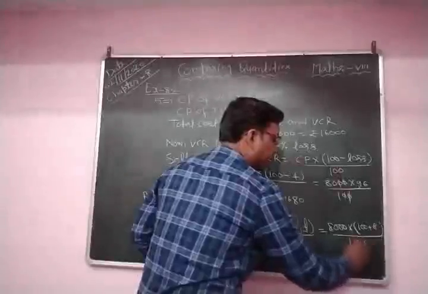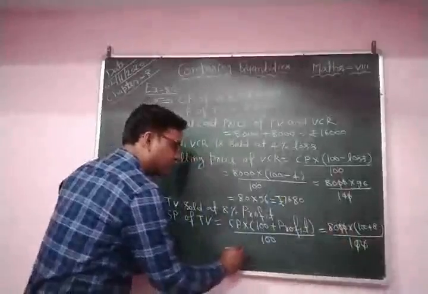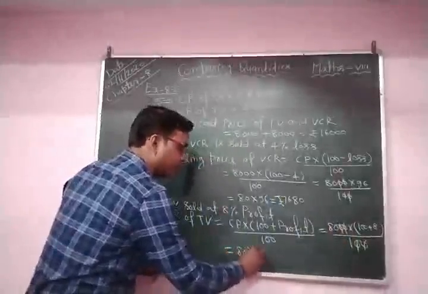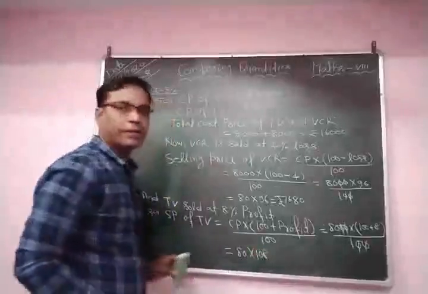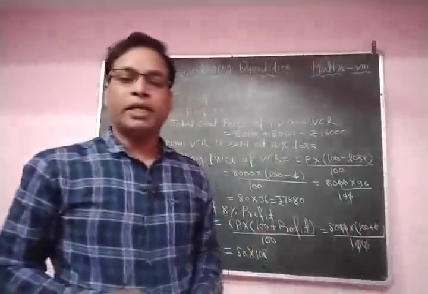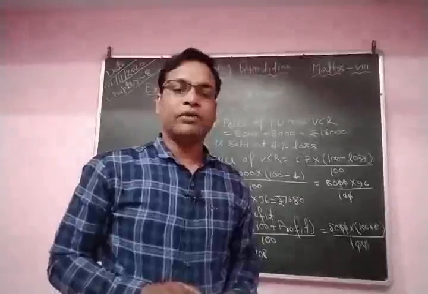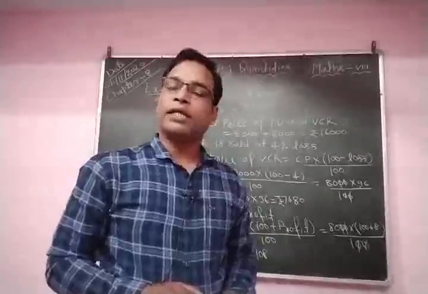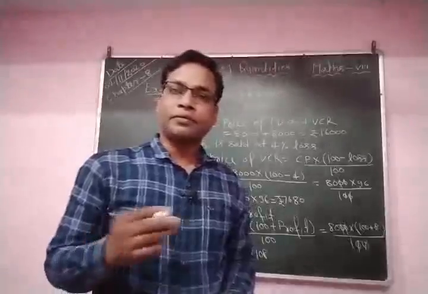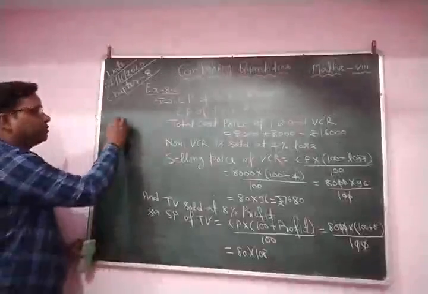You can cancel 2 zeros here, and then you write 80 into 108. When you multiply 80 into 108, you obtain the selling price of TV.